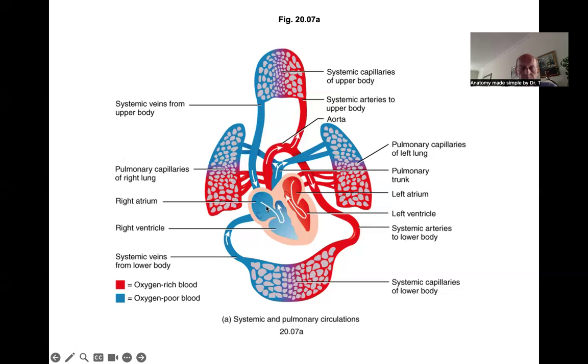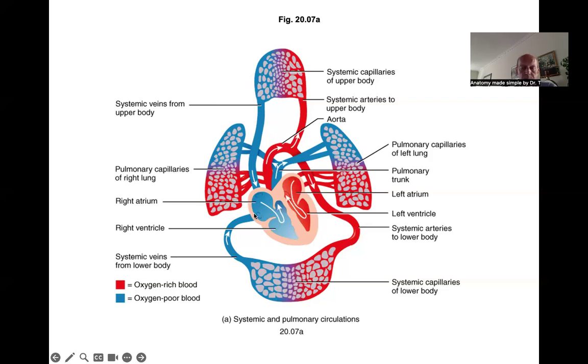On the other side, we have two major so-called systemic veins. One comes from the upper parts of the body, namely the head, the neck, and upper limbs, and its name is superior vena cava, superior hollow vein, which, upon collecting blood from these parts of the body, enters the right atrium.